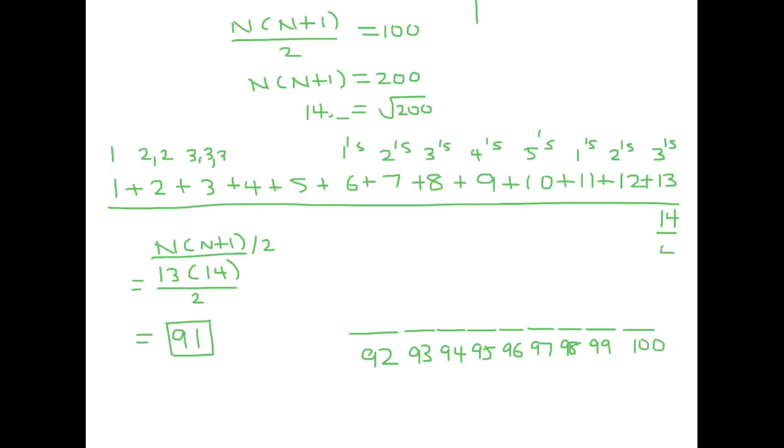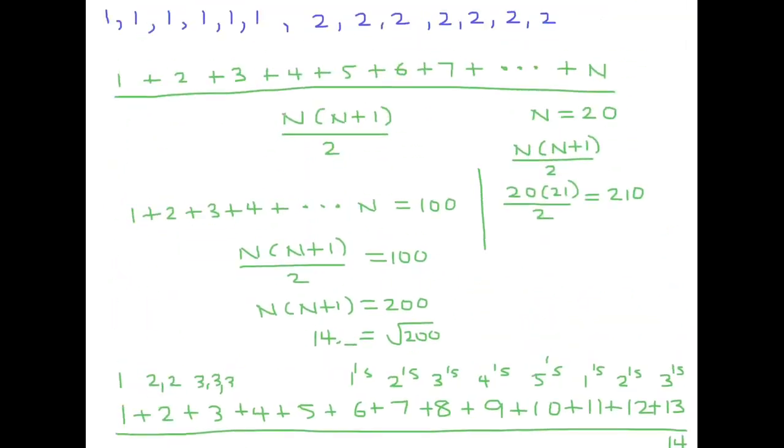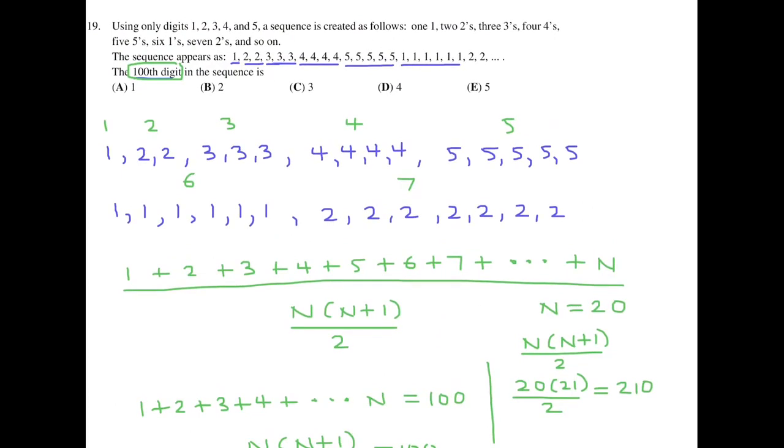It will be 14 4s. So this is a 4, 4, 4, like that. So I hope that made sense. So therefore, the 100th digit is a 4. So the answer to this question is D.